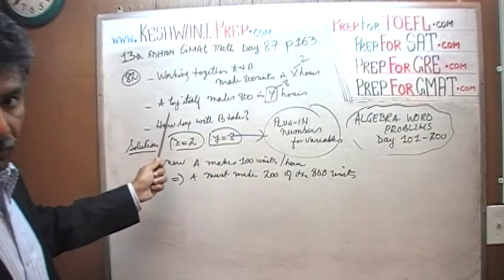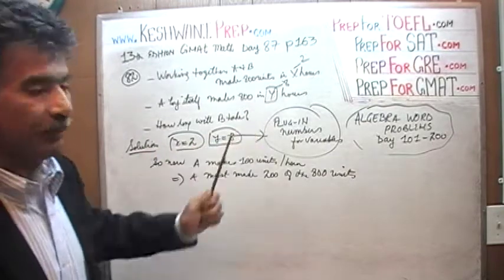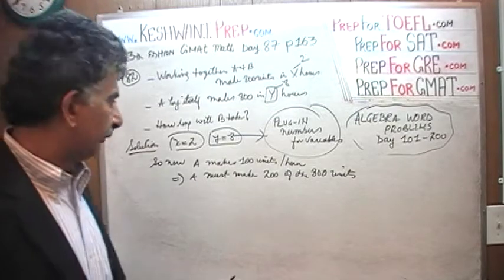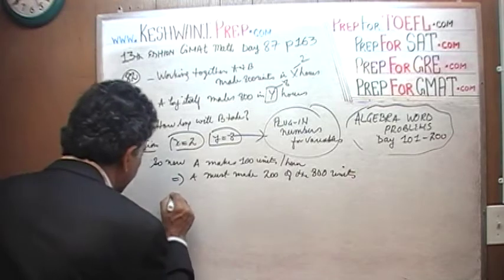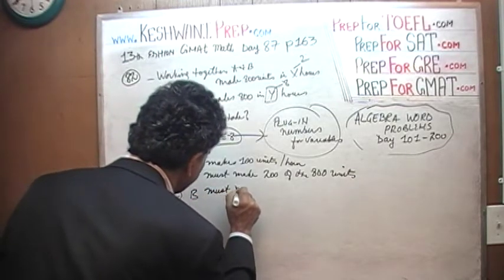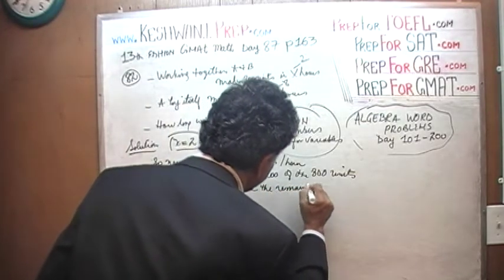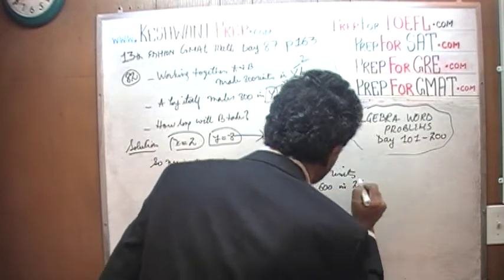So here now it reads like this. It says A by itself makes 800 units in 8 hours. That's what it reads to us. It is no longer an algebra problem, it is an arithmetic problem. So if A is making 200 of the 800 units, that also implies that B must make the remaining 600 in 2 hours.